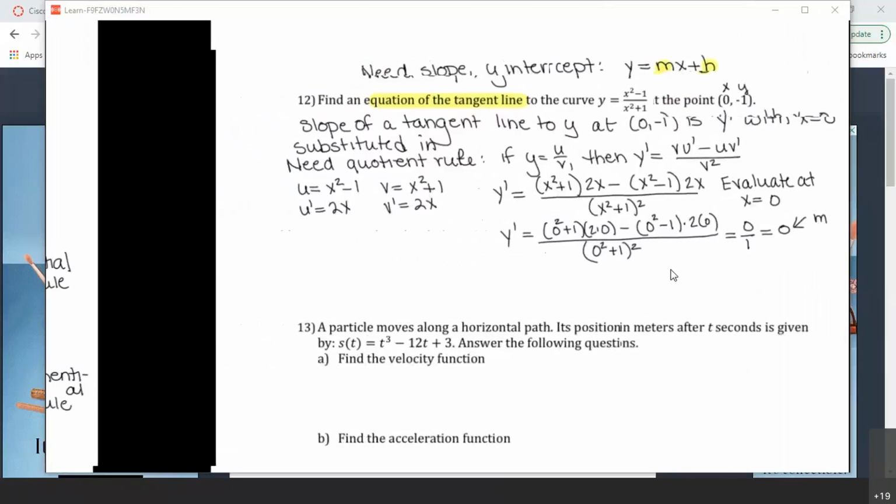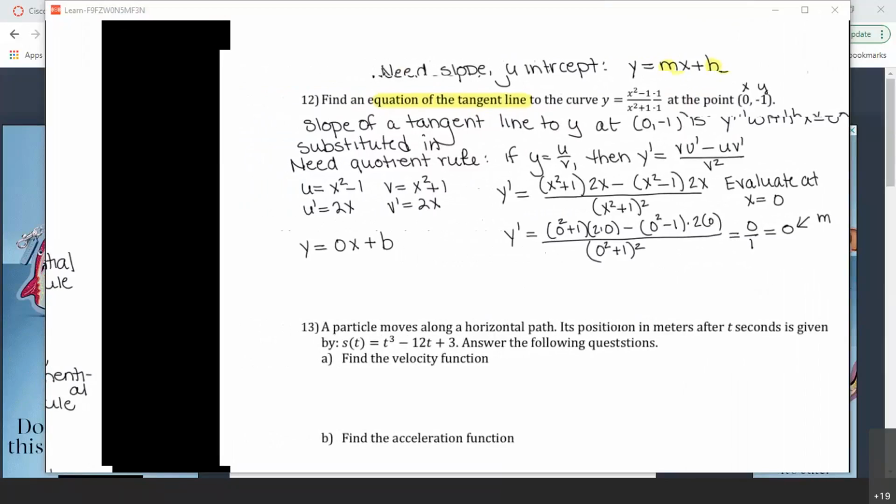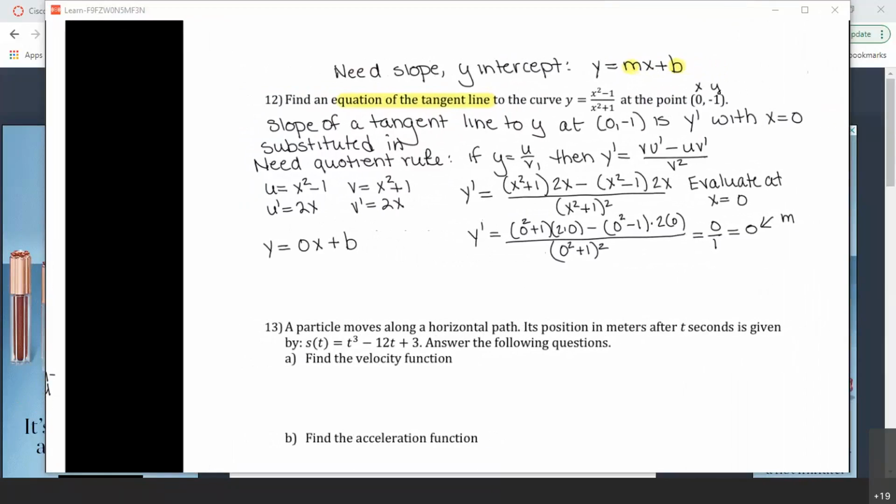So now we've got y equals 0x plus b. How do I find b? What do I have to do to find b?